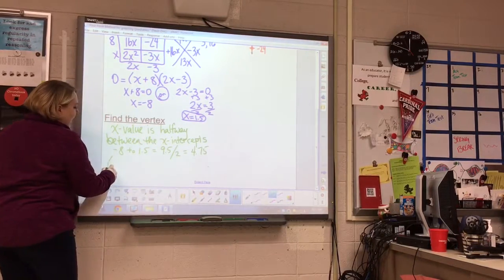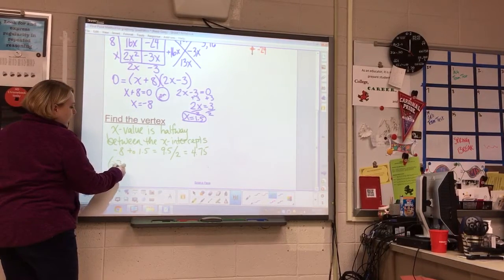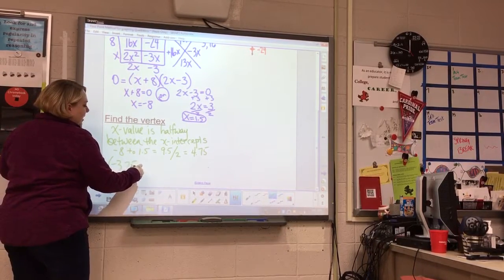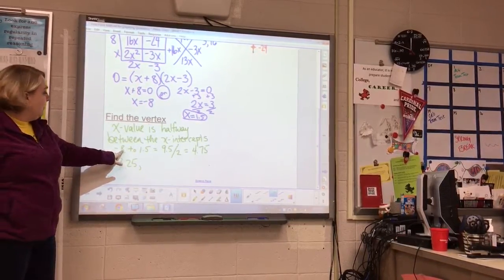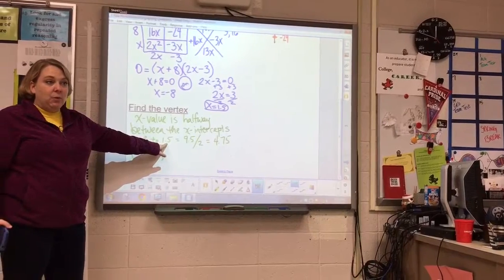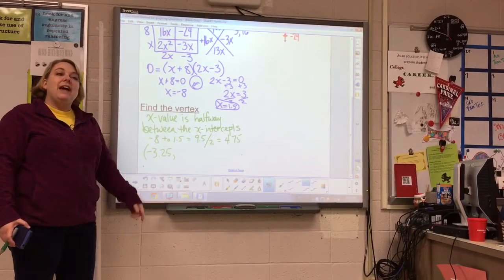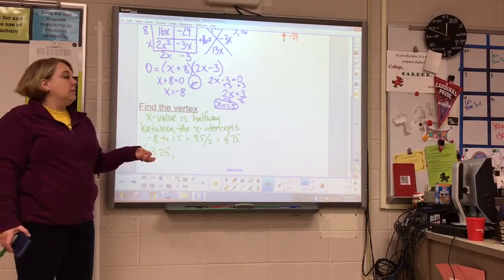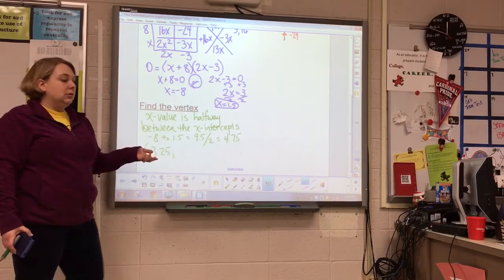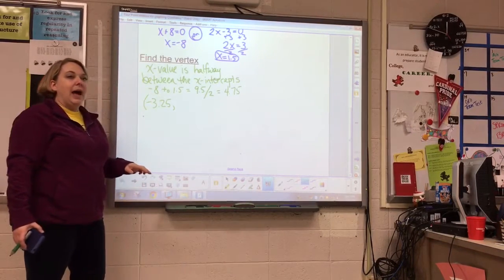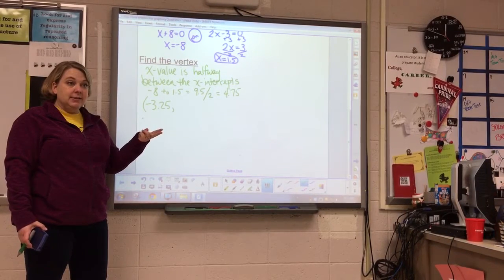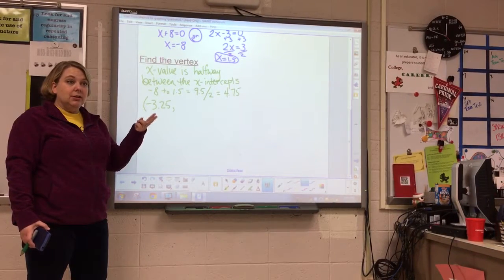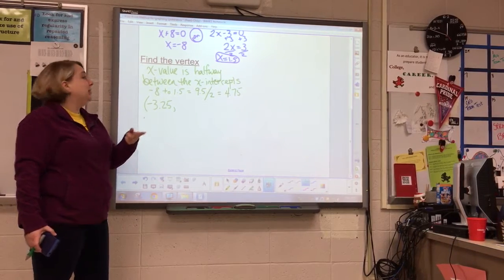So that means the x value is negative 3.25, because negative 3.25 is 4.75 away from negative 8, and 4.75 away from 1.5. Well, if I have the x, how am I going to find the y? I have my equation, right? And I have an x. Plug it in.